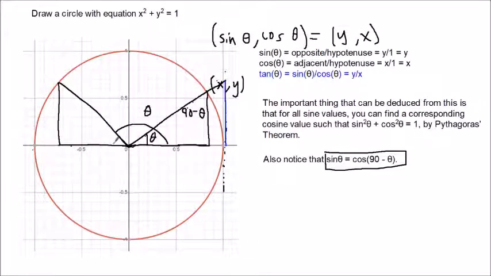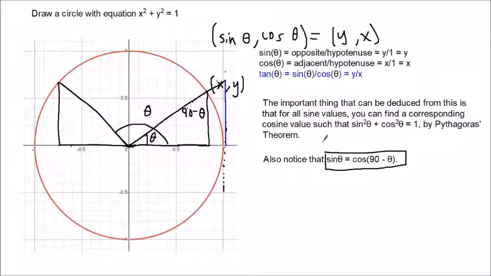It has the exact same configuration. So sine theta is equal to cosine of 90 minus theta. So if I asked you to find the cosine of sine 22, you would be able to say cosine 68 instantly. And that can be really useful in simplifying equations later on.